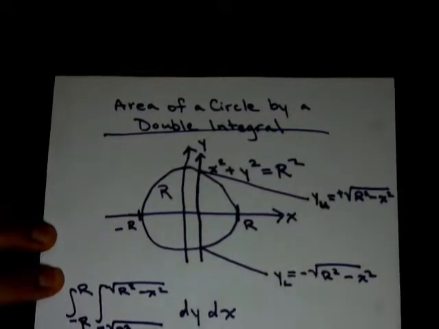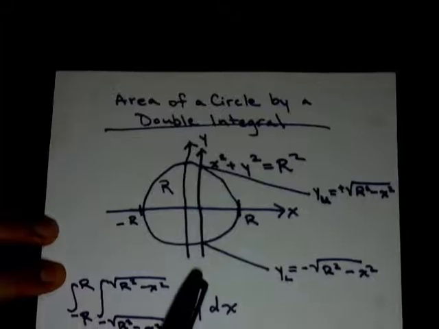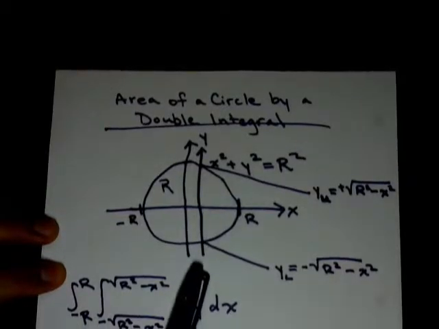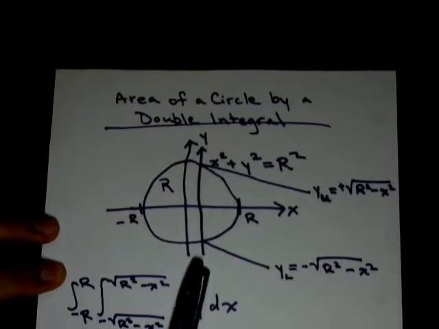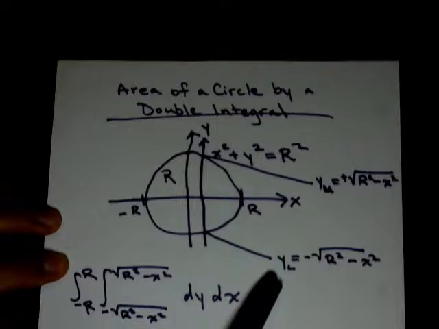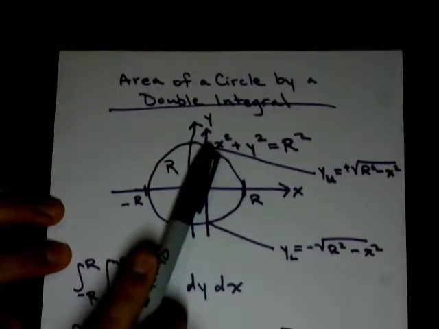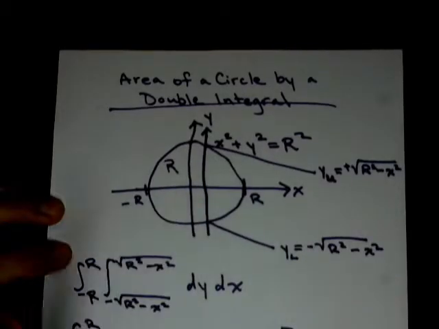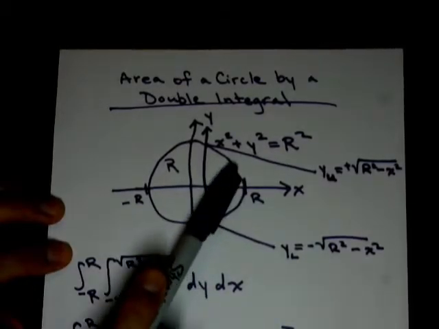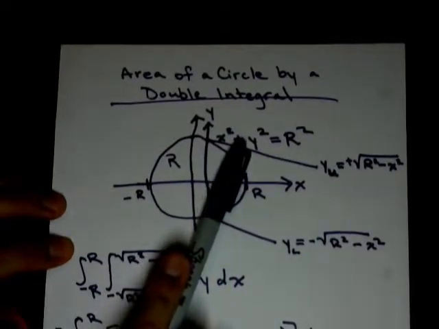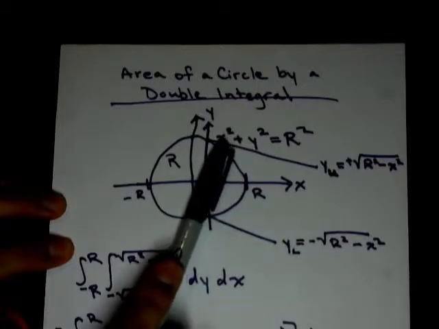And the next step, we're going to imagine a vertical line that's intersecting this region. This point right here is going to be our lower y limit, and this point here is going to be our upper limit of integration. We're just going to rearrange this equation that's bounding our region for y.